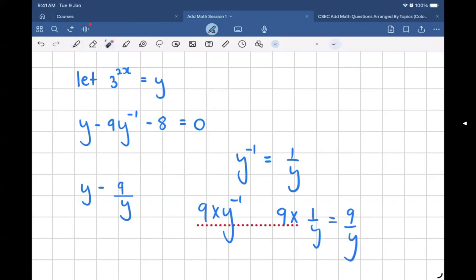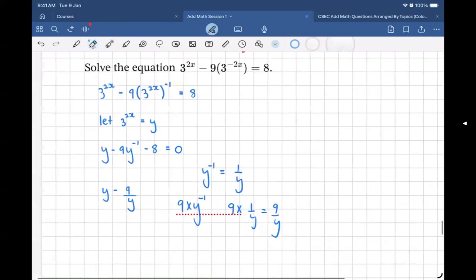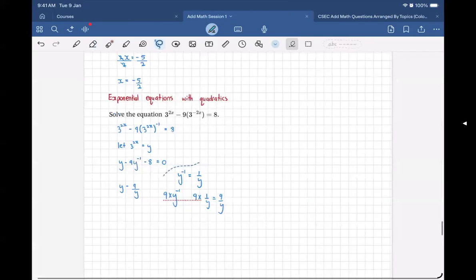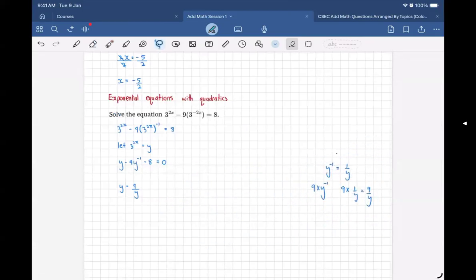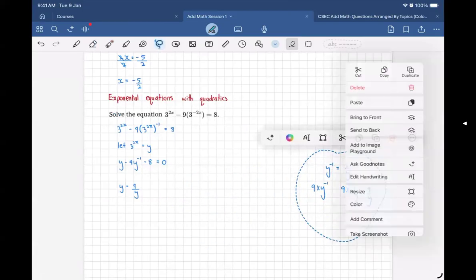So, Shay, are you confused at all as to how I went from here to here? No, sir. Serena, tell me on WhatsApp if you're confused. Isaiah, I'm sure you understand this, but still, let's confirm with me. I will leave this to the side, so if you're looking back at this and I ever forget, it's there.